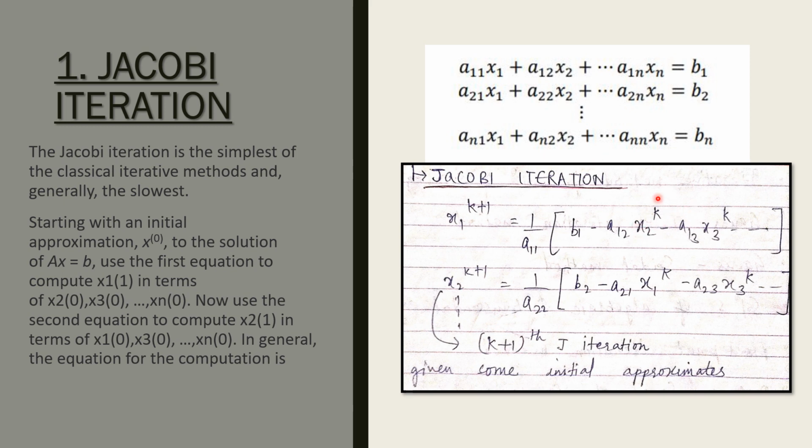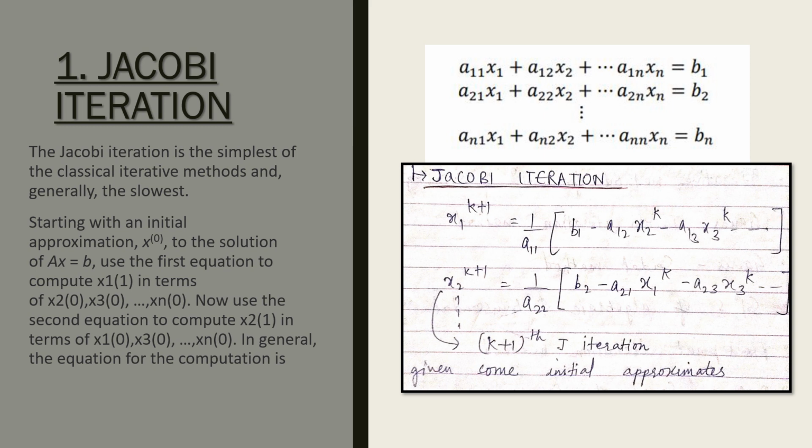Now x2 to the power k means the previous value which we calculated. So the initial approximation, say x0, will be helpful to calculate x1, and to calculate x2, x1 will be beneficial.